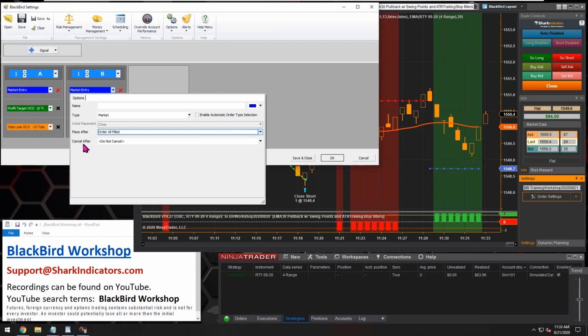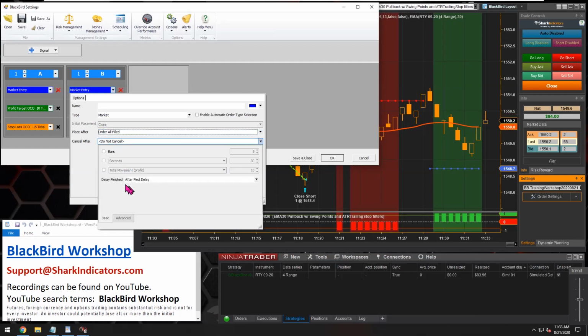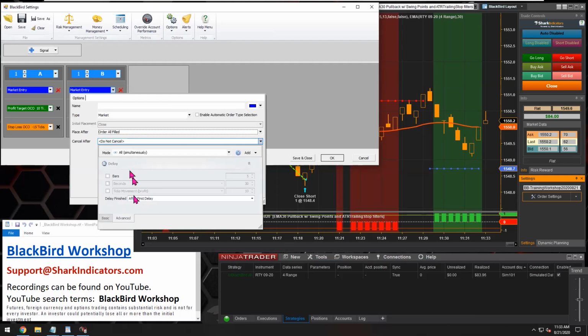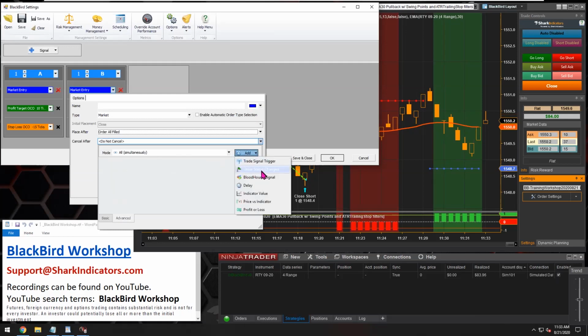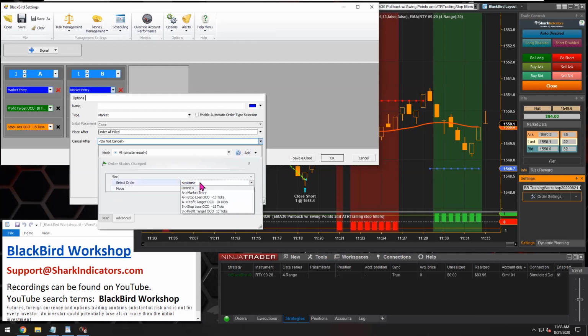So if that gets filled, and then the cancel after, I can take the cancel after, and if I switch to the advanced tab, let's see, let's delete the delay, and what I want is order status changed, and I can monitor the stop loss for A. All right. I can monitor the stop loss for A.